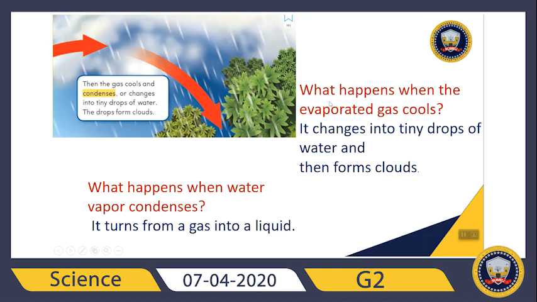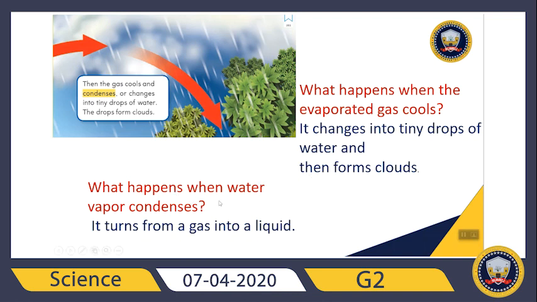Let's see this question. What happens when the evaporated gas cools? It changes into tiny drops of water and then forms clouds. So after the water evaporates, it will be a gas. Then the gas cools, or changes into tiny drops of water, then forms clouds.